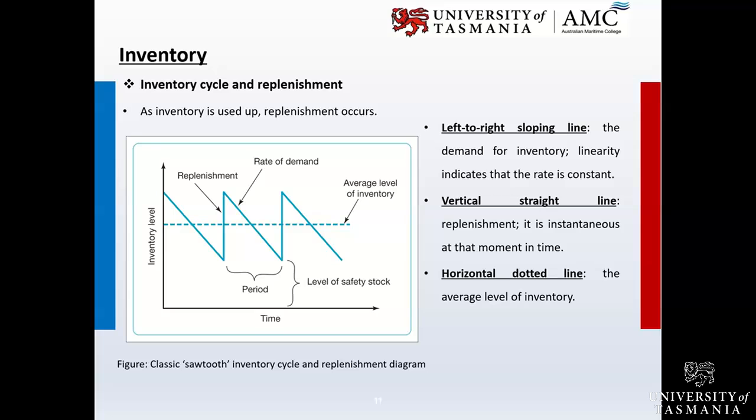As time goes by, you will find inventory is gradually used, and when the inventory reaches the safety stock, replenishment takes place, and then you need to place an order. The order will be delivered. When the order arrives at your company, inventory levels will go up. So it shows the inventory cycle.